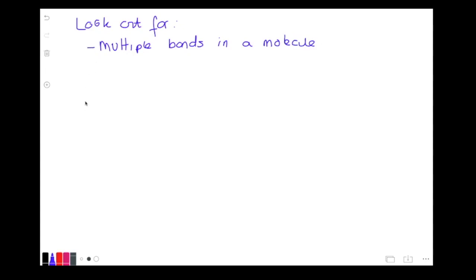Well, because we just had a look at quite simple molecules, but if we looked at something slightly more complex and looked at ethane, so ethane has 2 carbons and it's surrounded by 6 hydrogens. So in ethane, for instance, we've got 2 types of bond going on here.